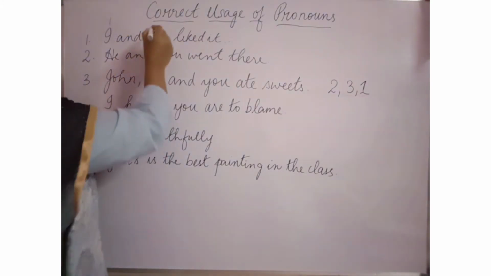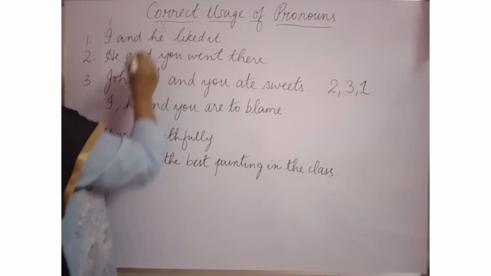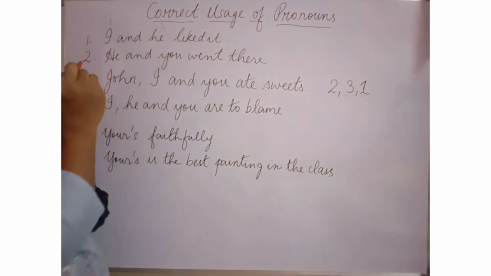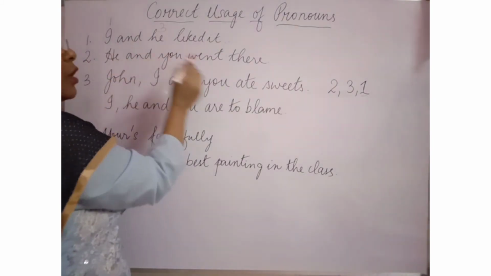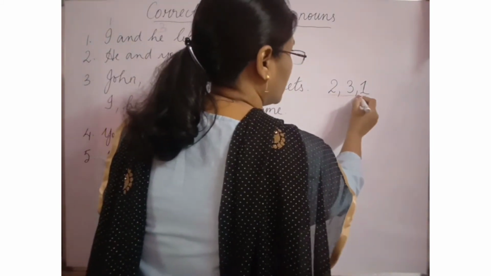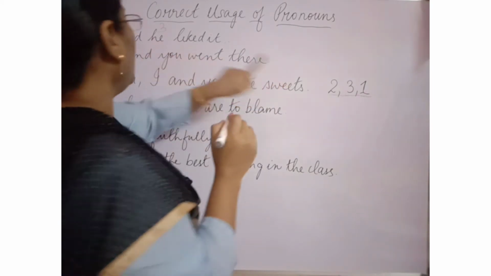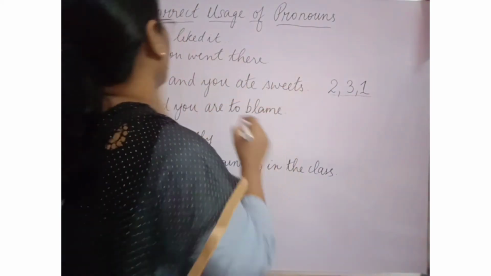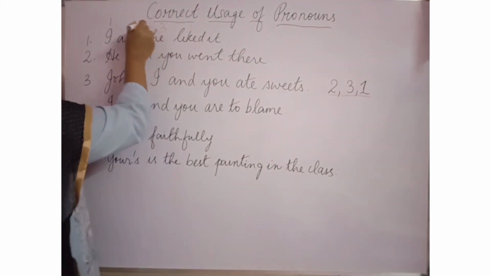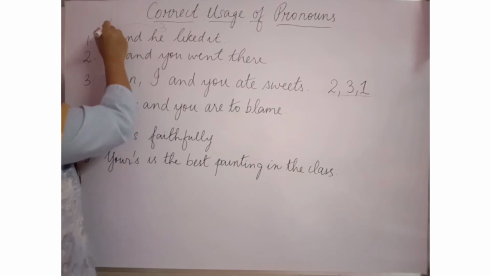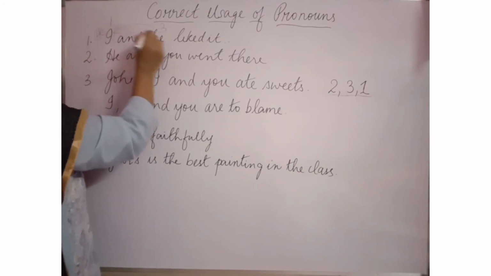He is third person. Now you see, I and he liked it. I first person, 3 is the third person. So it is not following this arrangement. The arrangement actually should be 3-1. So it should be he and I, not I and he.